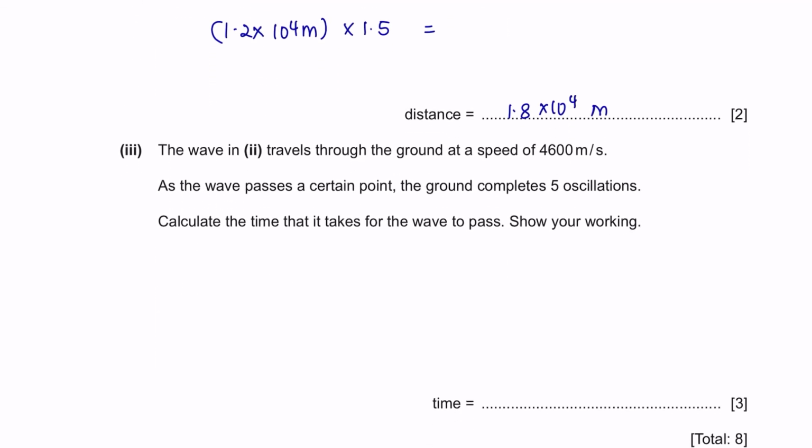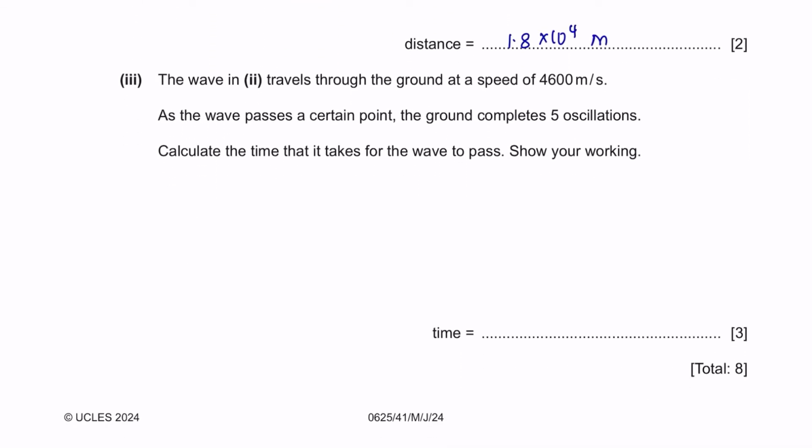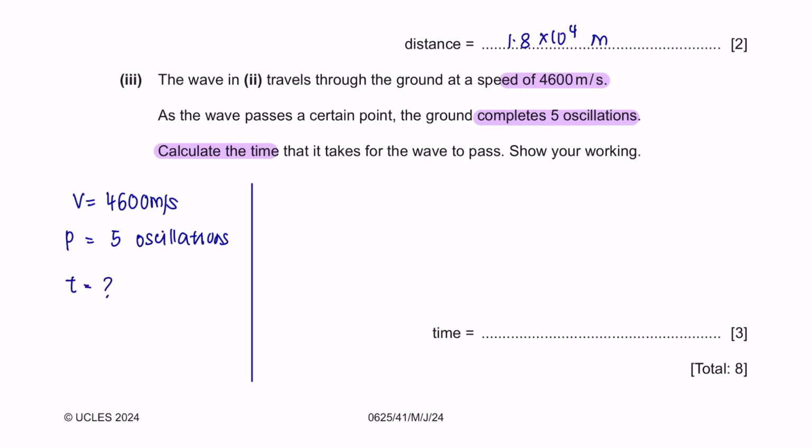Next, part 3. The wave in part 2 travels through the ground at a speed of 4,600 meters per second. As the wave passes a certain point, the ground completes 5 oscillations. Calculate the time that it takes for the wave to pass. Show your working. Okay, so we are looking to find the time, and we have velocity and the number of oscillations. To find time, we can use 1 over frequency. However, we are not given the frequency.